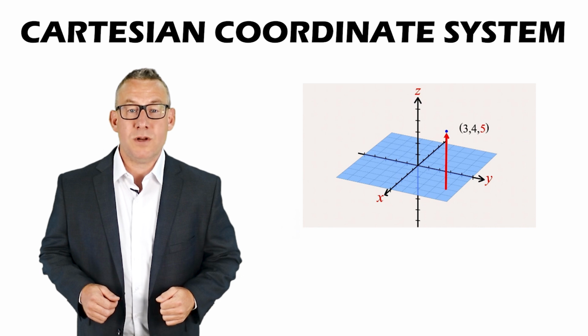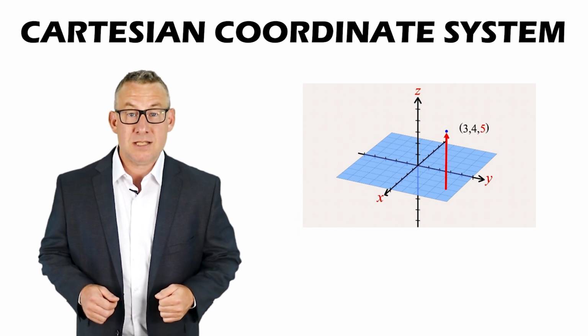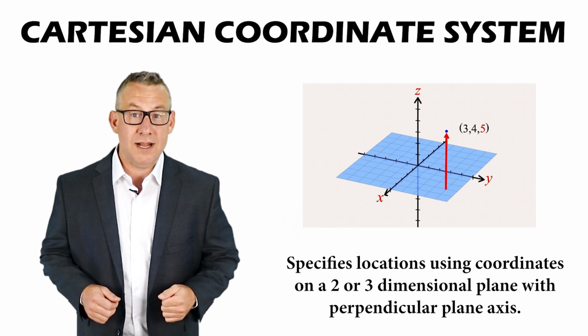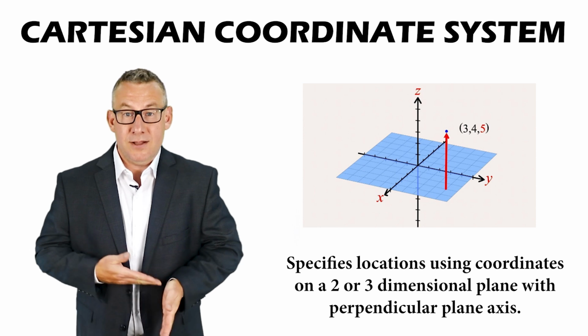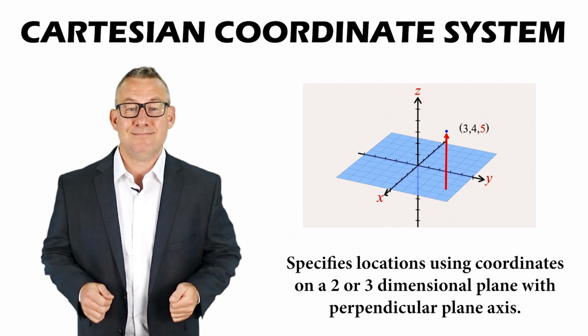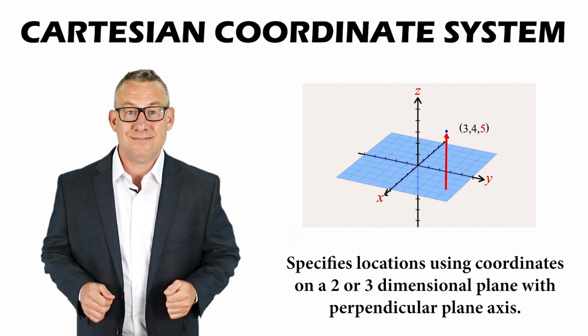A Cartesian coordinate system. A Cartesian coordinate system specifies locations using coordinates on a 2- or 3-dimensional plane with perpendicular axes. A 2D system has 2 axes. A 3D system has 3 axes.